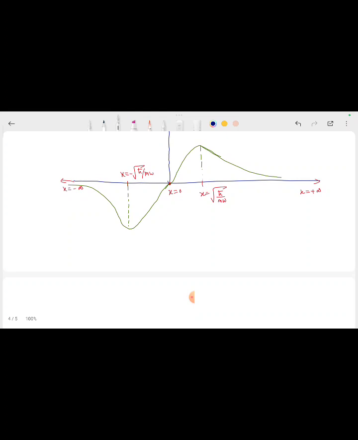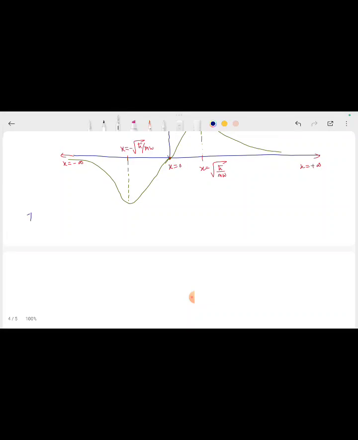So this is the antisymmetric wave function.